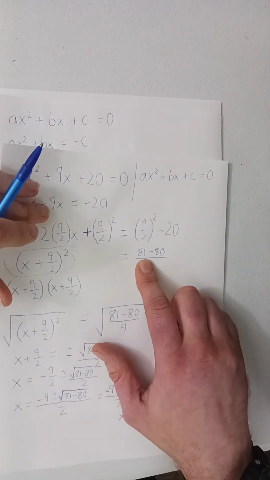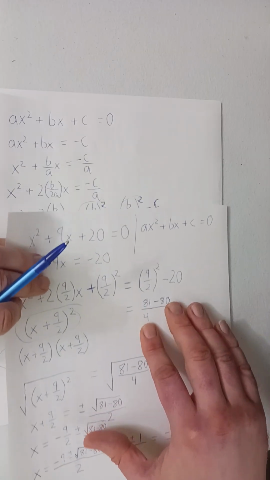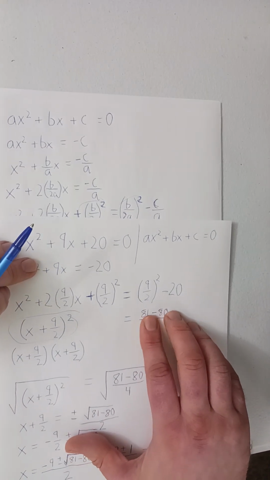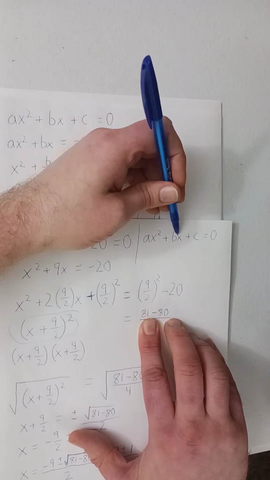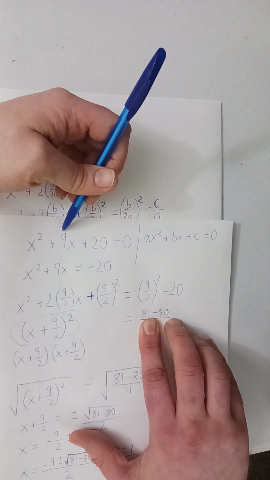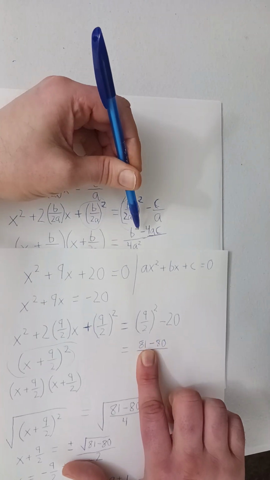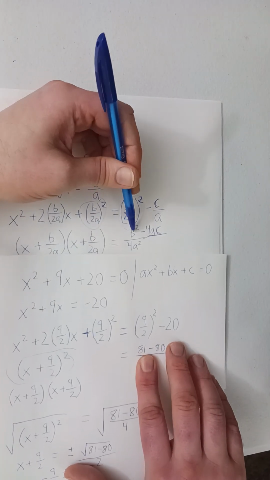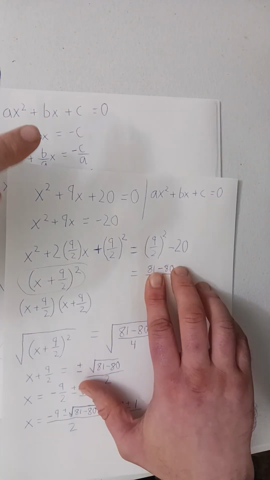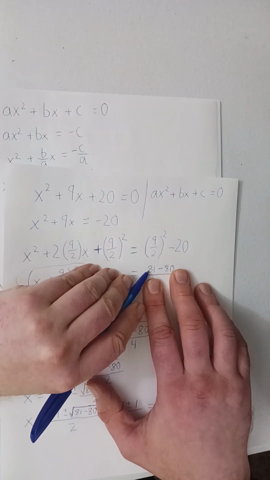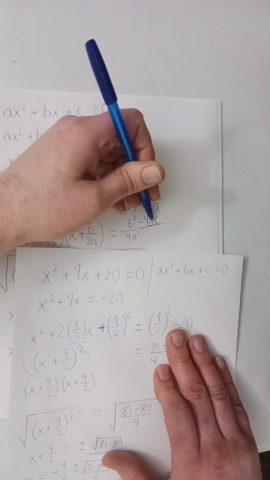And we have that equal to 81 minus 80 over 4. So if you look at this, remember 81 is 9 squared, right? And remember this is b, so the term that's x is b. So I showed b squared. When we got the common denominator here, b squared is the same thing as 9 squared, right? Which is 81. And we're subtracting 4 times a times c.